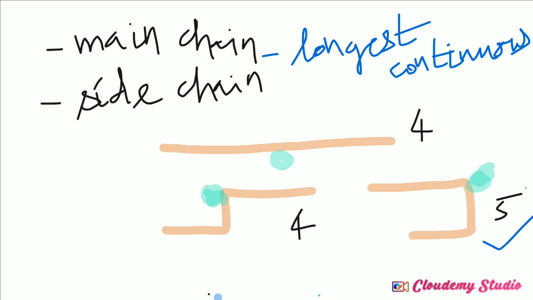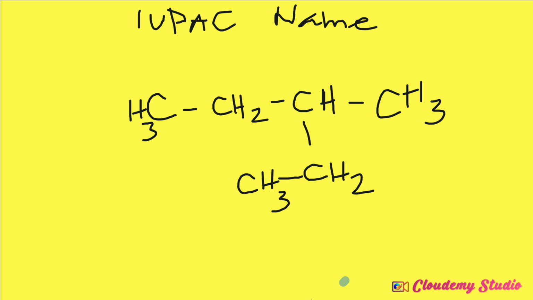Now after selecting the main chain, what has to be done? We need to number the carbon atoms in the main chain. This order is the main chain, and this will be the substituent or side chain.